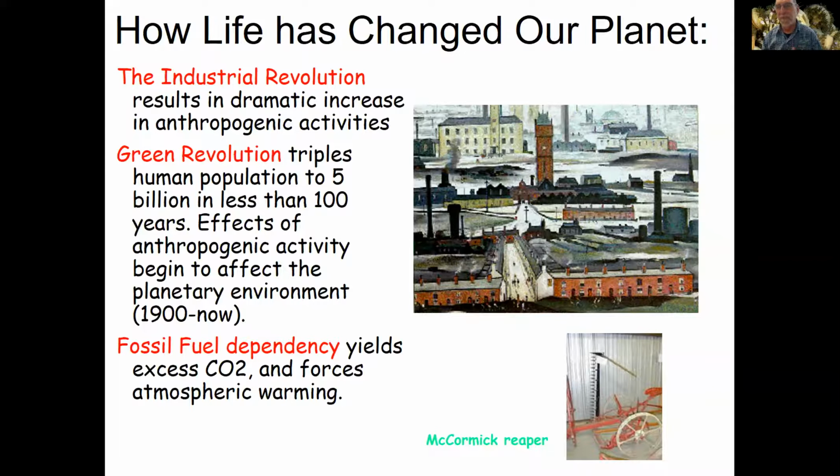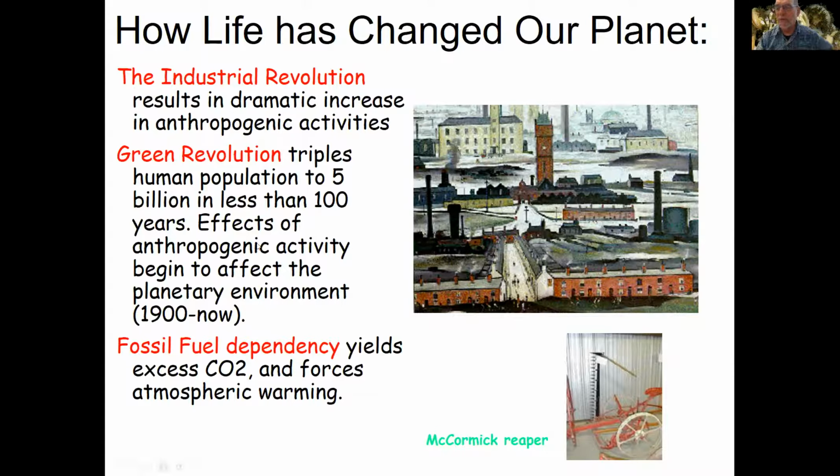The development of the Industrial Revolution allowed another increase in size. But at each of these steps in human evolution, people would sort of outgrow their food supplies. And at various times, human populations have been limited by the availability of food.